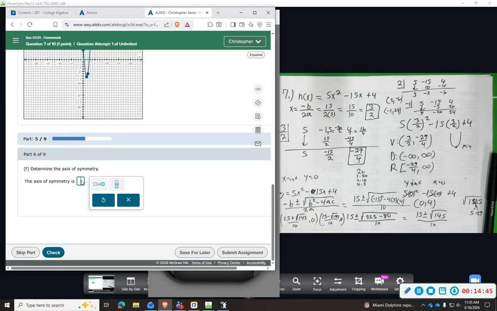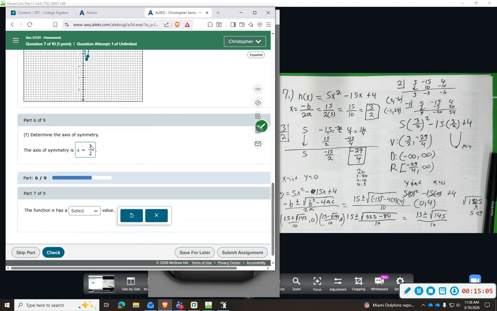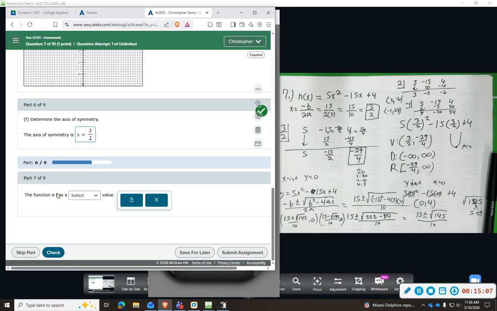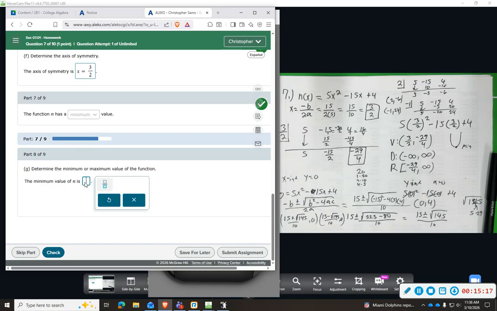Axis of symmetry, the x-coordinate, x equals negative, not negative, just 3 divided by 2. Don't need the negative. And the function has a minimum. The value of the minimum is -29 divided by 4.